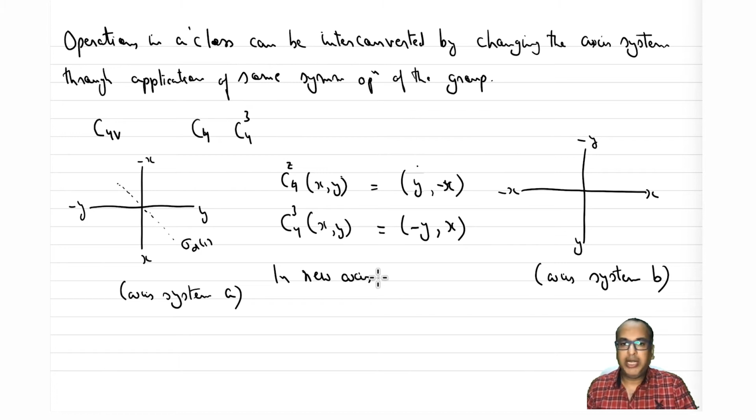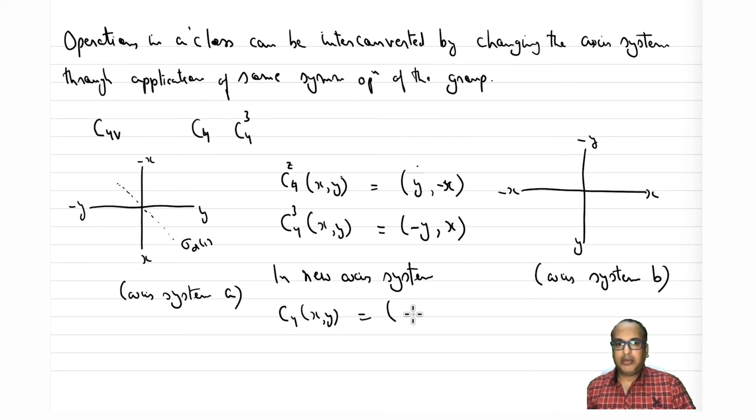Now in this new axis system, which is obtained by application of one of the group elements, let us apply the C4 operation on xy again. So now what do I get? Again I'm doing an anti-clockwise rotation, so x moves to minus y and y goes to x.